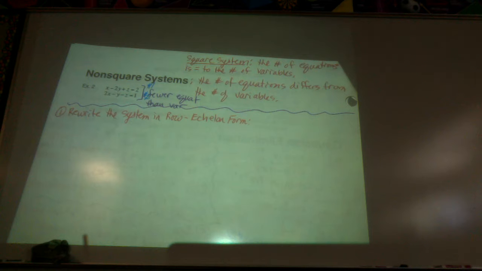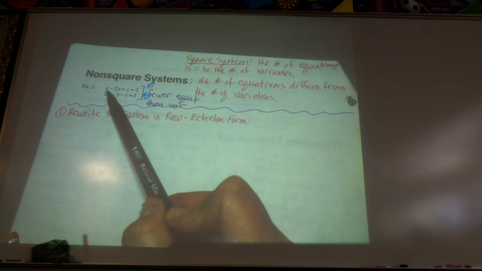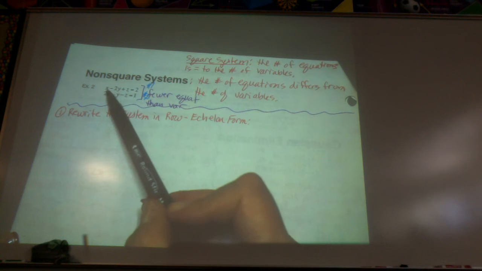All right, so if I want to do it in row echelon form, what do I want to do first? What's my first goal? Row echelon, what was your first goal on the last page? To get rid of your x's in all the columns in the first column except for one of them. Doesn't that one have a coefficient of 1? Okay, so that one has a coefficient of 2, so I want to multiply this one by something.